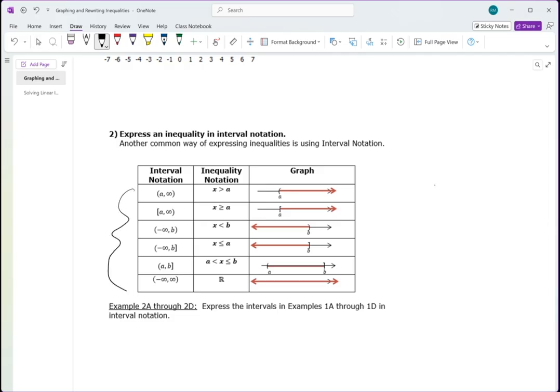Basically, you're going to have two numbers separated by a comma, and then you're either going to have a parenthesis or a bracket around it. It could look like two parentheses, two brackets, or one parenthesis and one bracket. I'm just writing the number symbol because there could be a number, and there could also be an infinity.